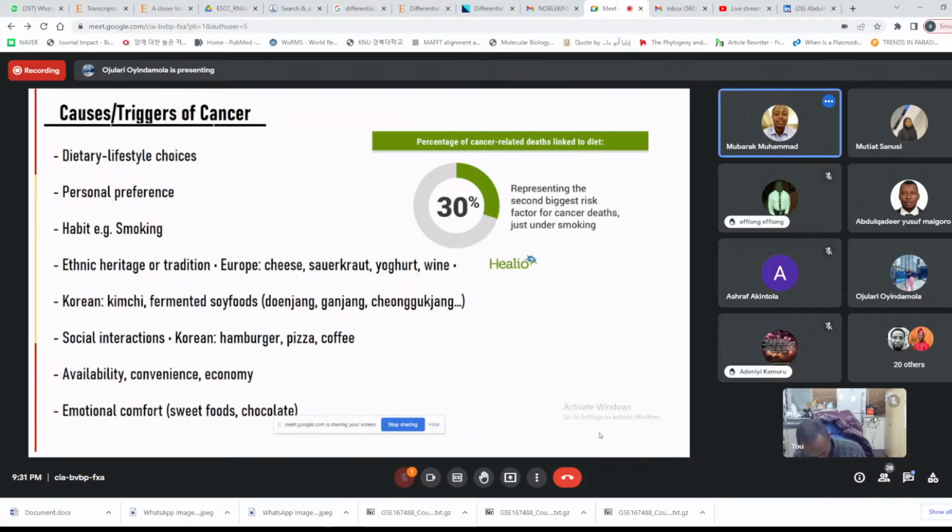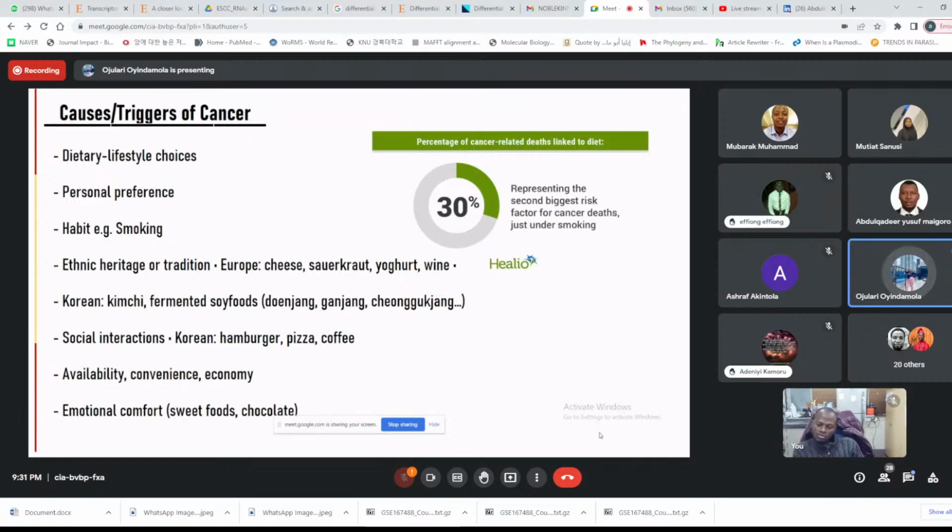So when we talk in terms of food, one of the ways we can help our body not to accumulate some of the triggers, or to find a balance between the things that we consume, is first, I would say, that we have to identify how many calories I need.